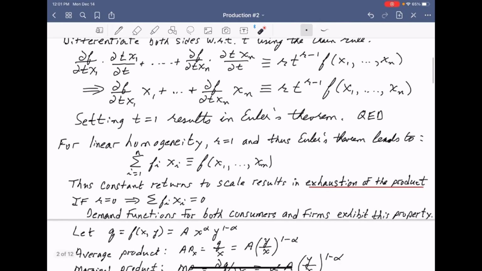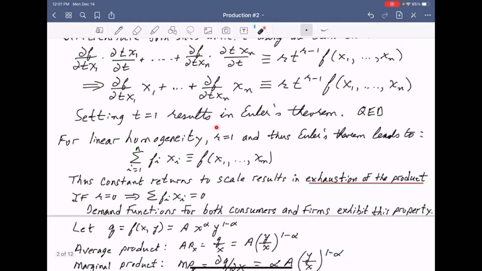For linear homogeneous functions, r is equal to 1, and thus Euler's theorem leads to this result where the sum of the marginal products of any input multiplied by the amount of that input, when they're summed together, gives you the total output. Thus, constant returns to scale exhausts the product.